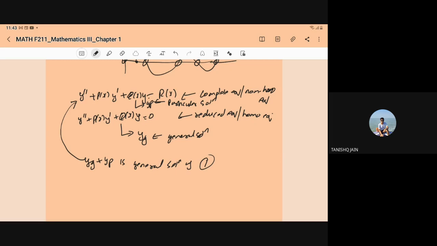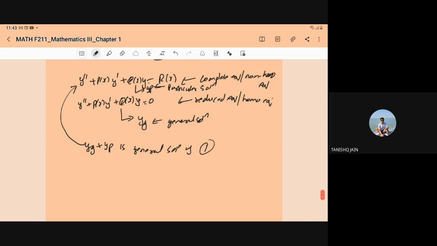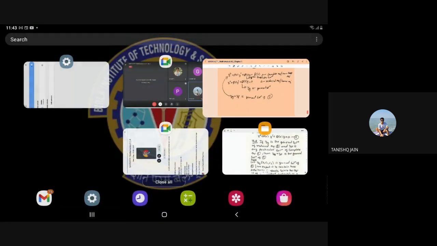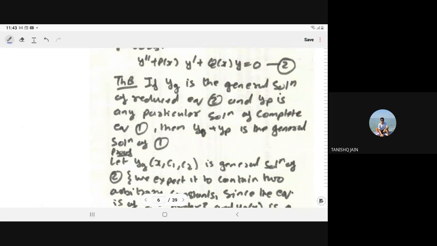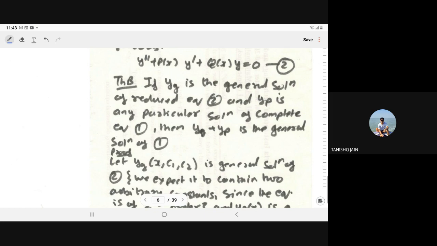That is theorem B. Clear? That is the structure of writing the solution. Whenever we compute the solution, we do it this way. First we compute the general solution of the homogeneous equation, then the particular solution of the complete equation, then their sum will be the general solution of the complete equation.